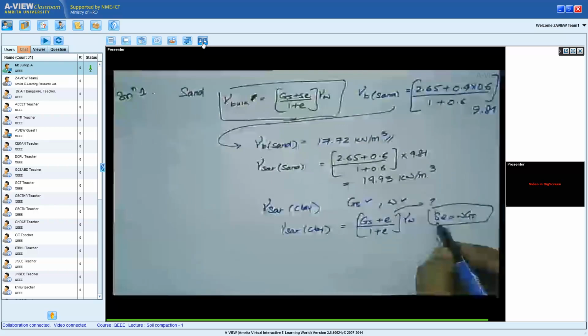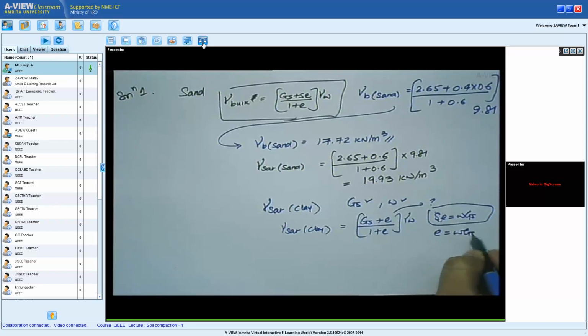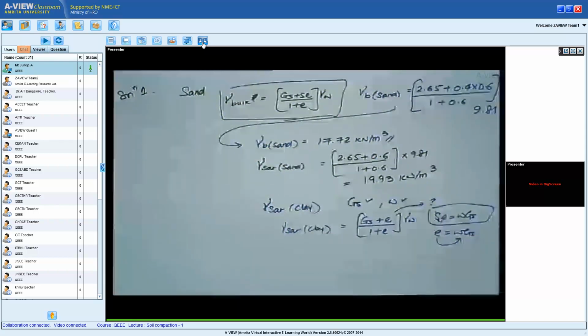So in this case, S is 1, clay is below the water table, so e equals wGS. I can replace void ratio by w times the specific gravity.